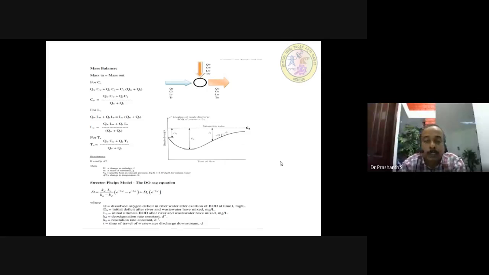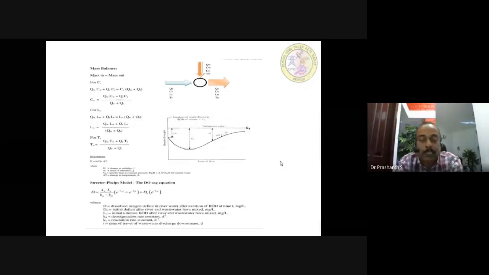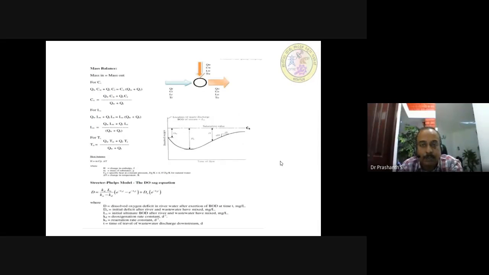QW is the discharge of wastewater, C is the dissolved oxygen, L is the BOD load, T is the temperature. And whereas for the river, it is QR, CR, LR, TR. Both are going to mix to form this one, Q naught, C naught, L naught.